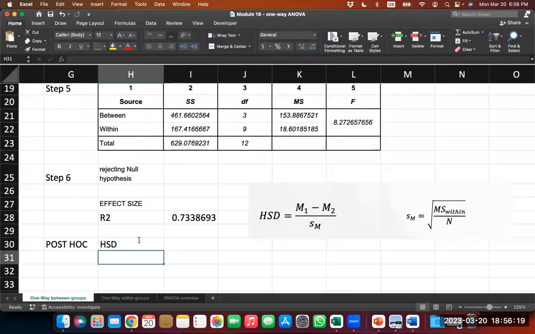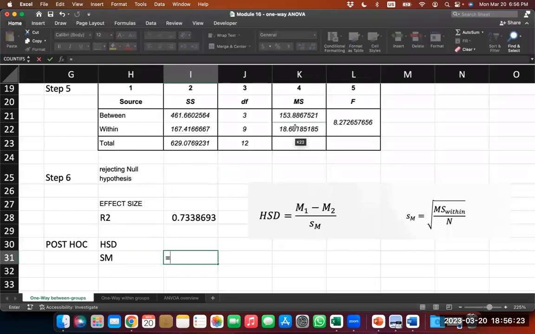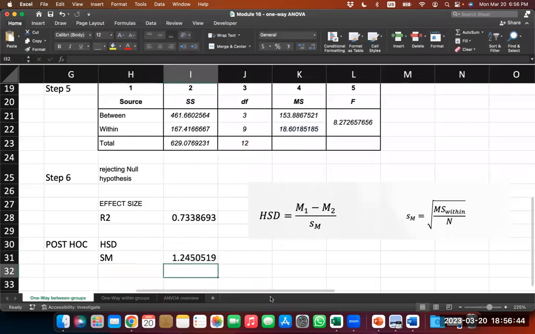We have an SM, which is basically MS within, the variance within, divided by our N, which is 12, square rooted. So we're getting here an SM of 1.24.